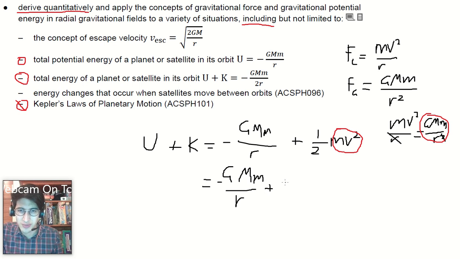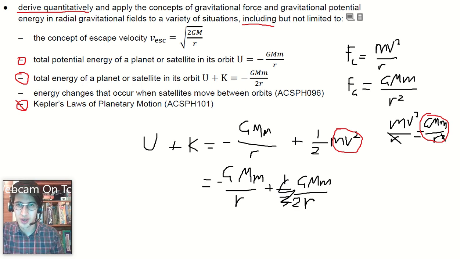plus half GMm over R. Isn't this amazing? All right, half GMm over R. That's just, we can get rid of that, put the 2 over here. Okay, now notice that over here we have one lot of gravitational potential energy, negative, plus half of the same value.